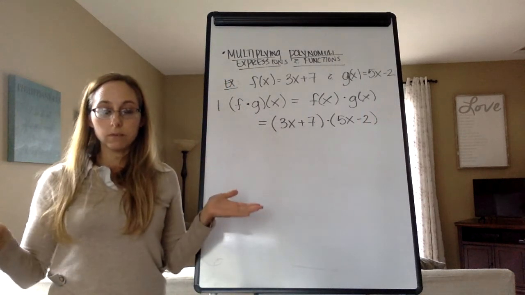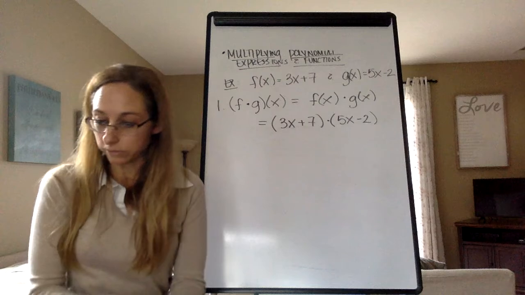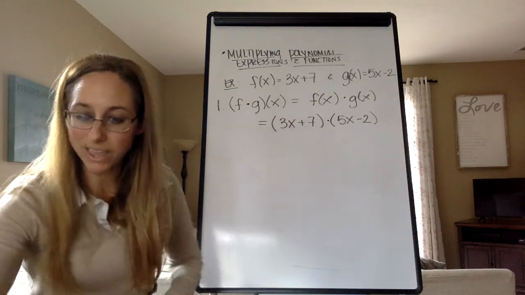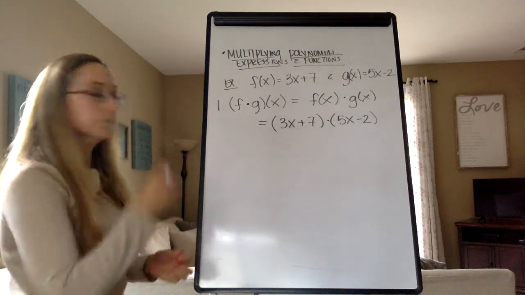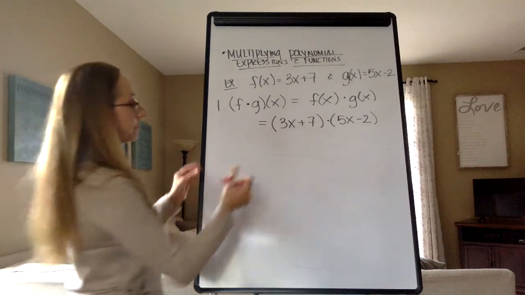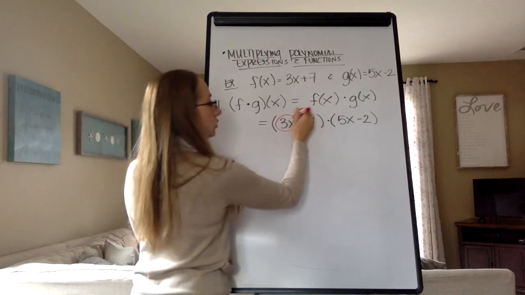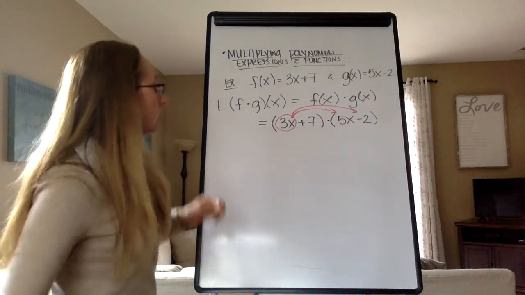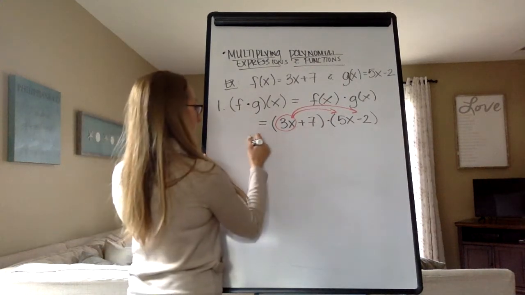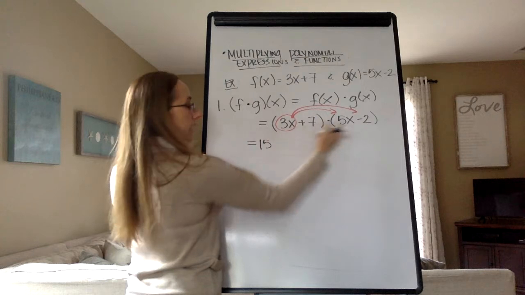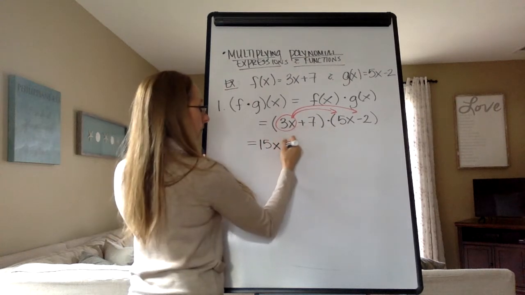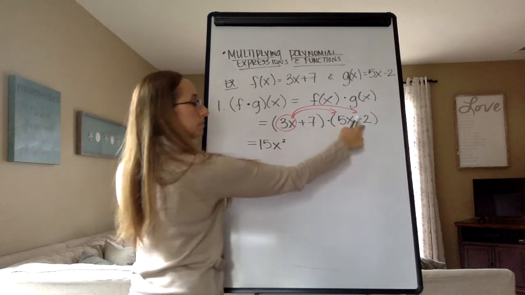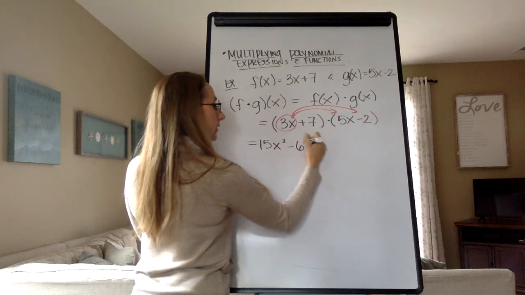We have the same thing that we were just doing in the prior examples. So we're going to take that 3x and distribute it to every term: to the 5x, and also to the minus 2. So 3 times 5 is 15, and x times x is x squared. 3x times minus 2 is minus 6x.